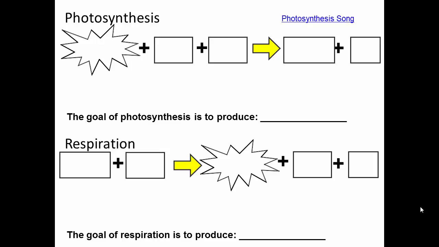Synthesis means to build up something. So this is building up something, making something using light energy. And it's a chemical process that happens. Okay? And we're going to learn the chemical equation for that, about what molecules are involved and how they are rearranged to form different molecules.